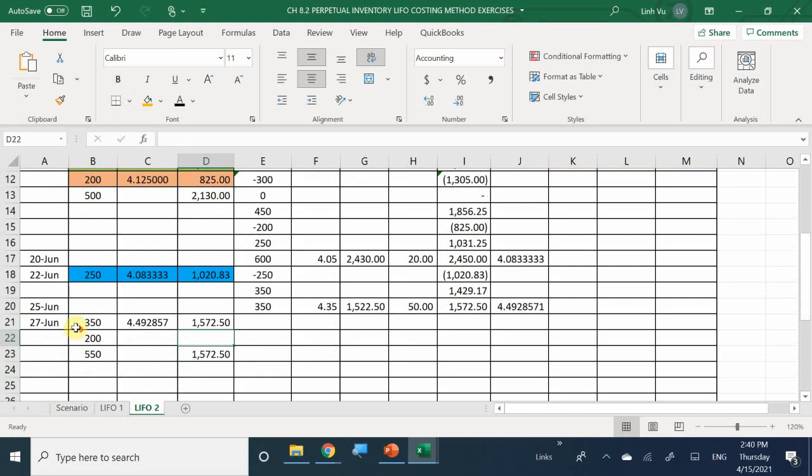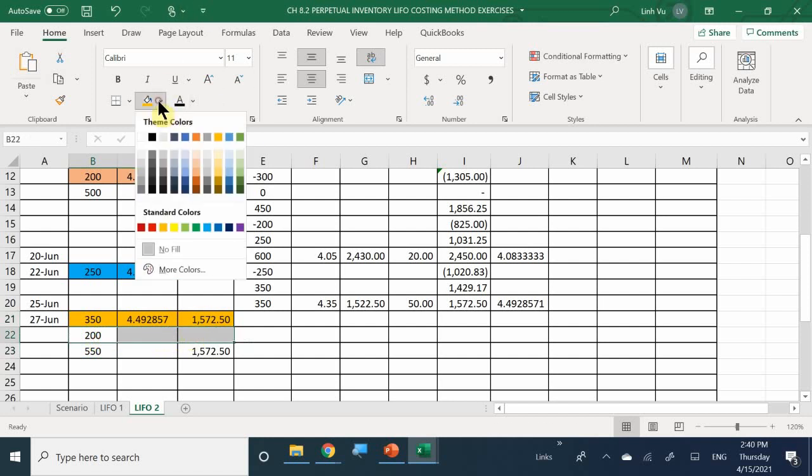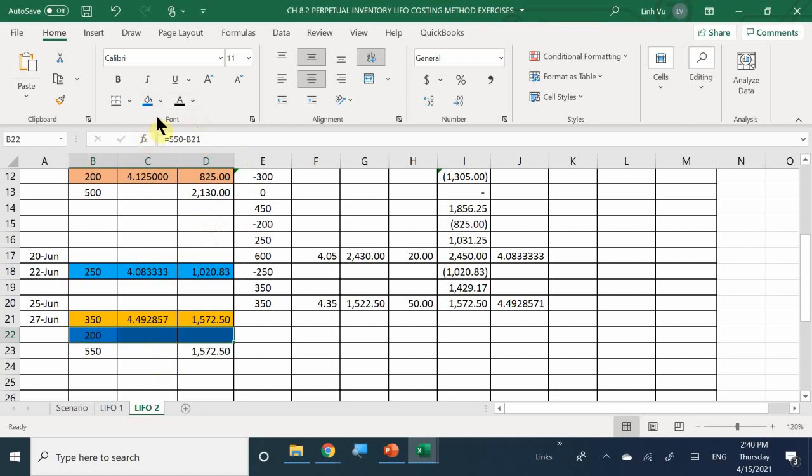So once again, this is my gold batch. And the next one after that, we're going to take away from our blue batch. Ooh, wrong blue. There you go, blue.